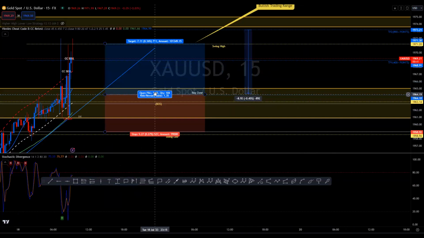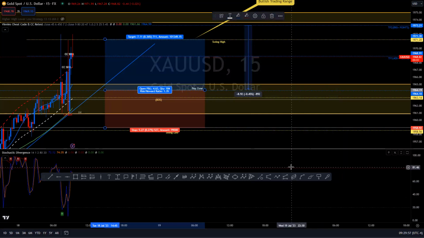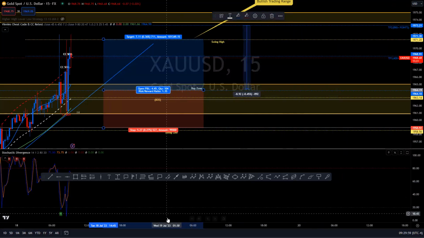All right, so we got less than 40 seconds before the 9:30 candle close. I'm going to go for a buy. But it's a possibility price might sell first. 3, 2, 1.